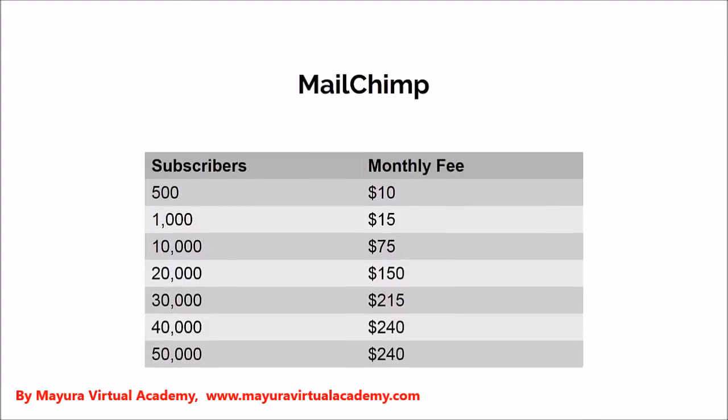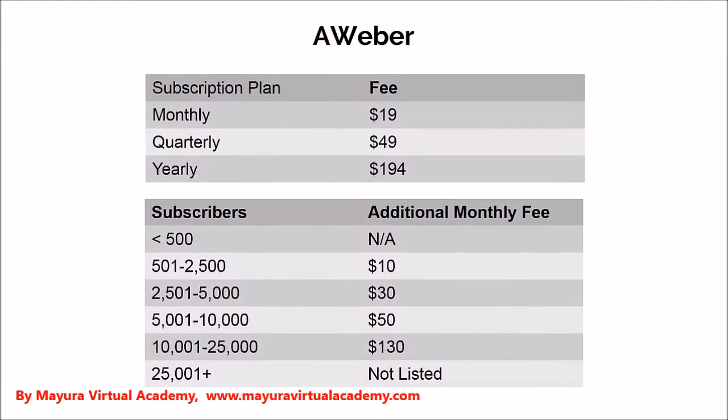Now, as you can see from this slide on Aweber, their fee structure is slightly different. Regardless of how many subscribers you have, you pay a monthly, quarterly, or yearly fee, and you can see it's $19, $49, or $194 respectively. But on top of the fee, you also have to pay an additional monthly fee depending on your number of subscribers.